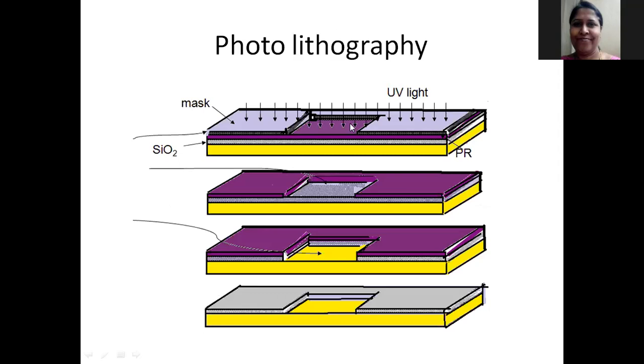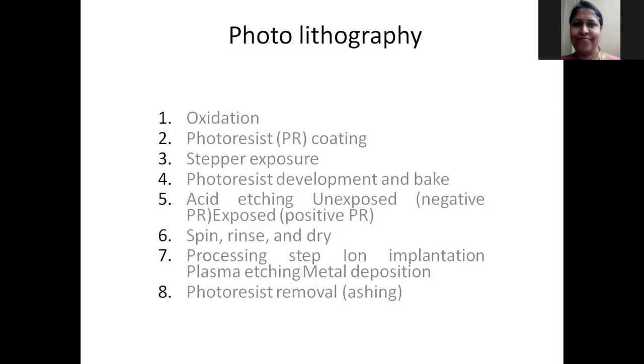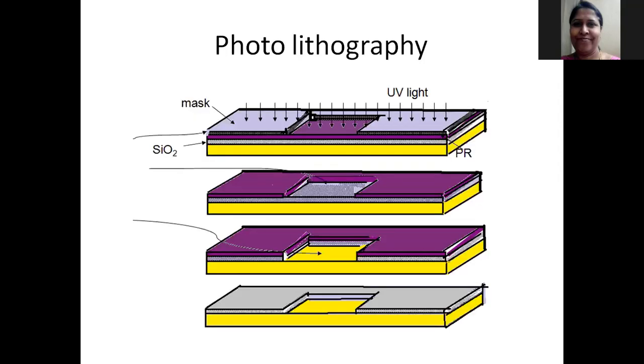After that, what do we do? We expose this with the help of a mask to UV rays. You see here, this is the mask, the top layer. When we expose these to UV rays, this portion is exposed and the other portion is not exposed.